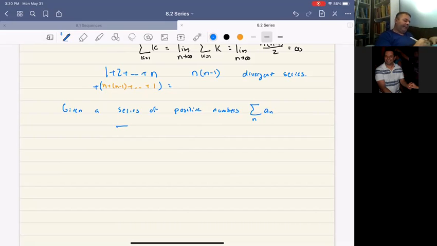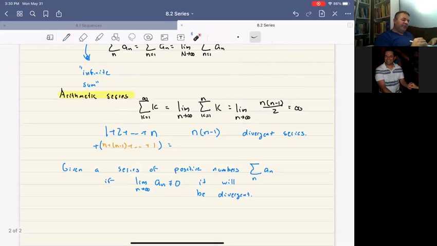If the limit as n goes to infinity of a sub n is not equal to 0, then it's going to be divergent. This is not super interesting. Every one of these terms, we're adding on ever bigger things.